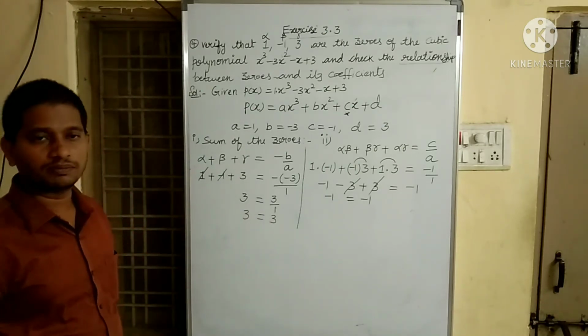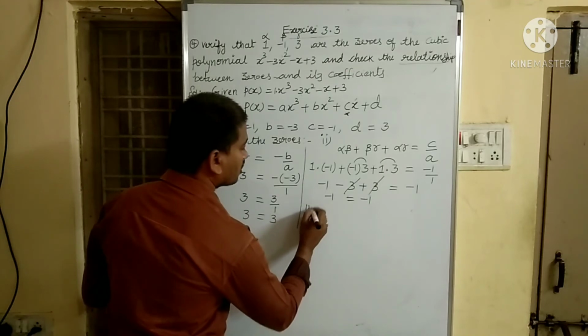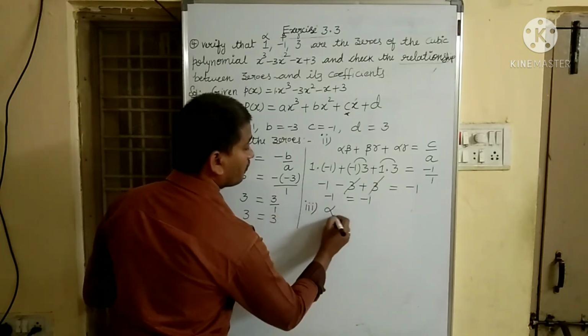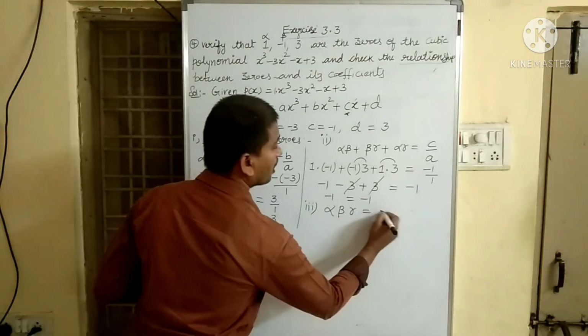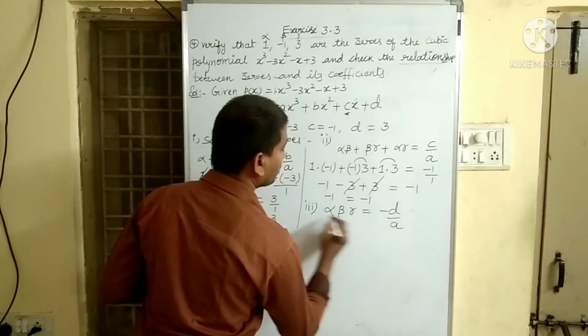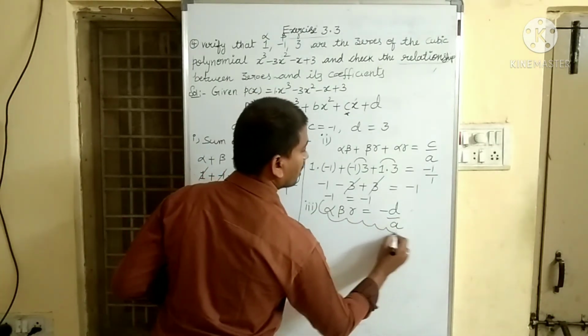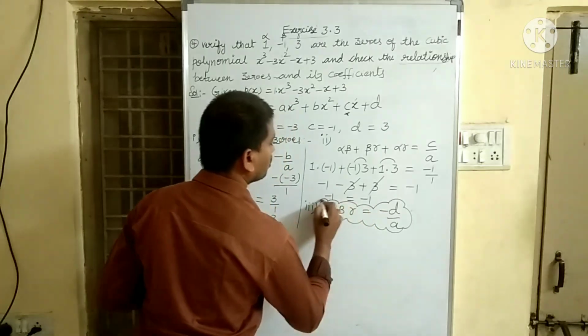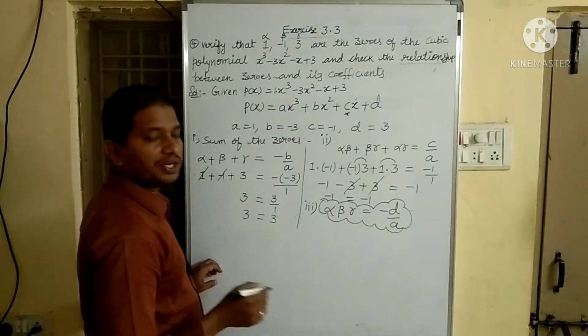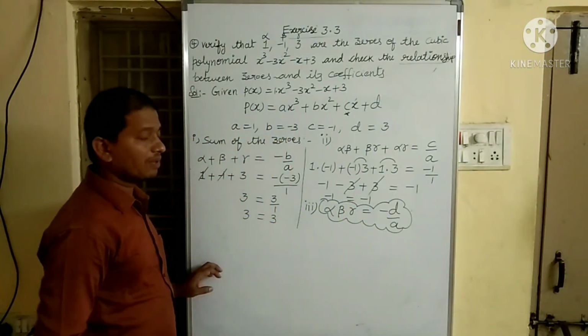Hence verified the relationship. Coming to the third relation, the product of the zeros, alpha beta gamma, is equal to minus d by a.